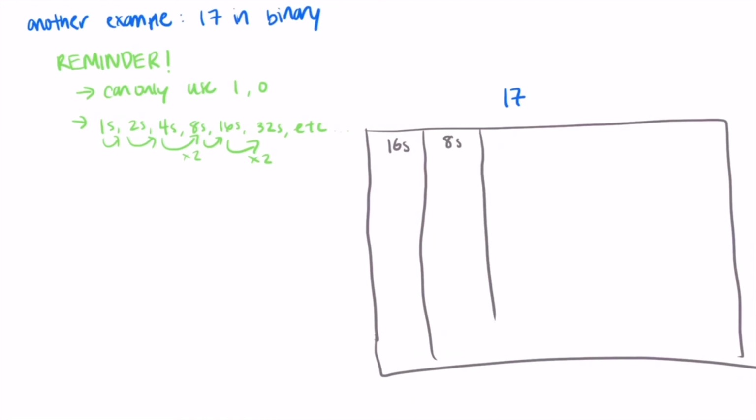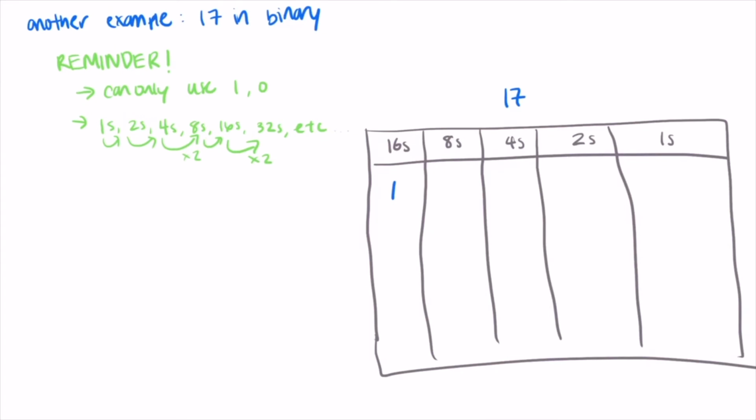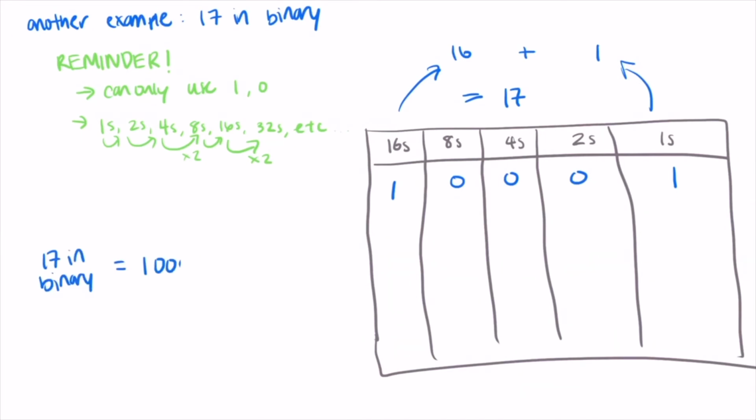Here I have 16s, 8s, 4s, 2s, and 1s. There's 1 sixteen, 0 eights, 0 fours, 0 twos, and 1 one. When I add these all together, they make 17. So binary for 17 is 1 0 0 0 1.